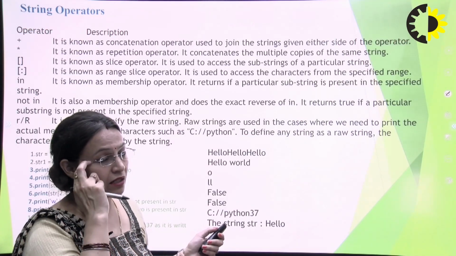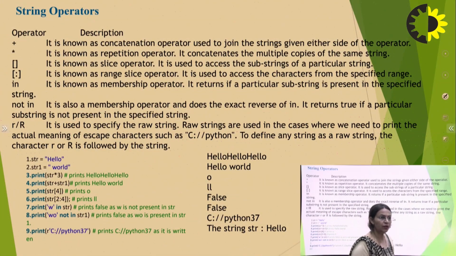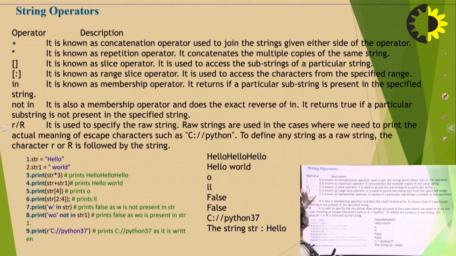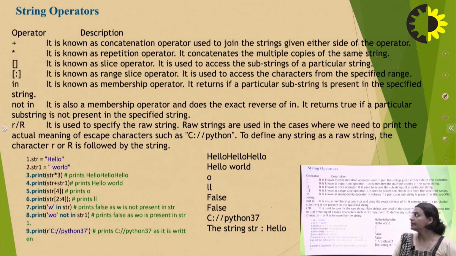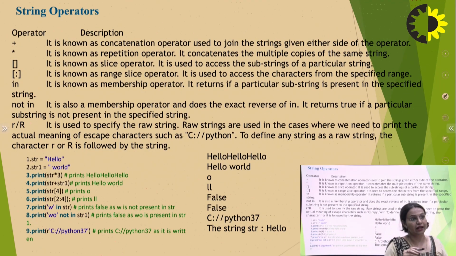The next portion is the string operators, which are very important in string operations. These are the major 5 inbuilt string operators: plus, star, and the colon, which means accessing. The fourth one is the use of colon, that is the slice operator that I have already discussed.